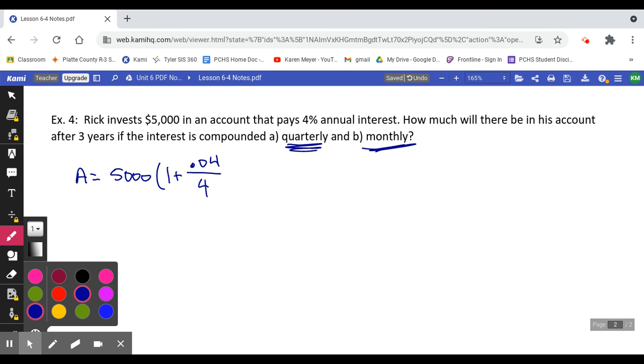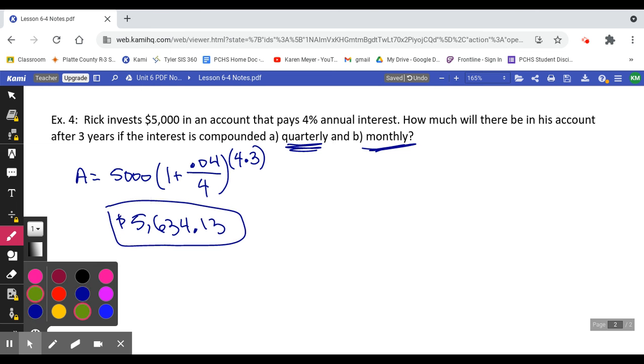So plug 4 in for N, raised to the N, which is 4, times how long? 3 years. When you're doing this in your calculator, I would put the 4 times 3 inside parentheses after you hit the exponent key. Everybody wants to type it in exactly how I have it written, if you use the calculators that I have at school. And I came up with $5,634.13.